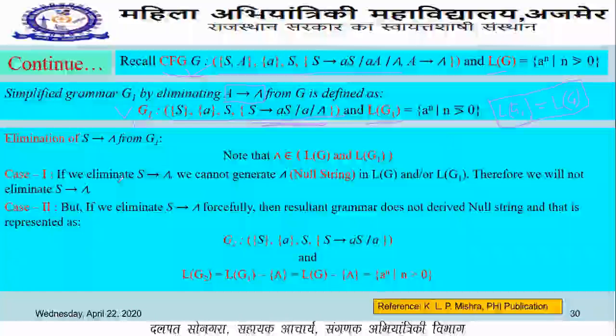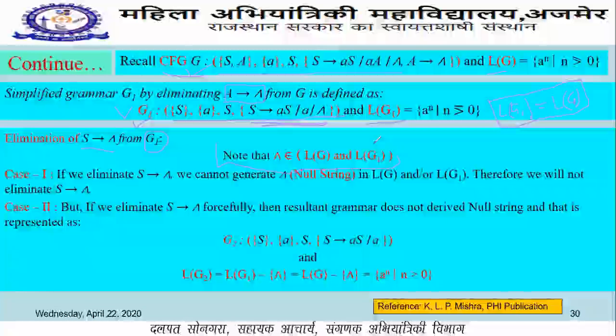Now, if we want to eliminate S tends to null also from the simplified grammar G1, or you can say from the grammar G, before this, one thing should be noted, and this is a very important point of this topic.